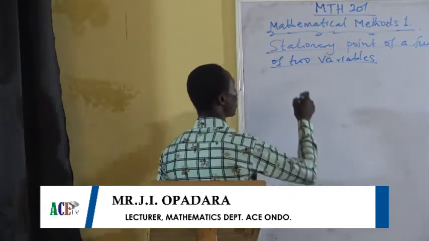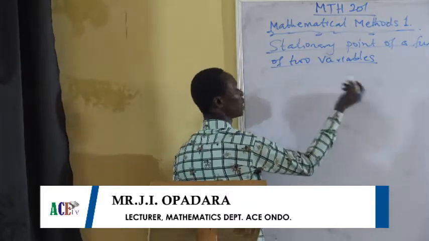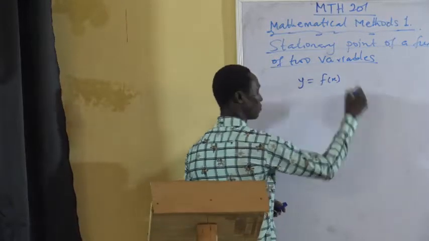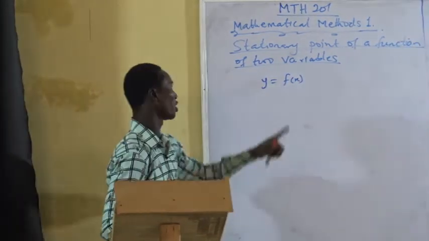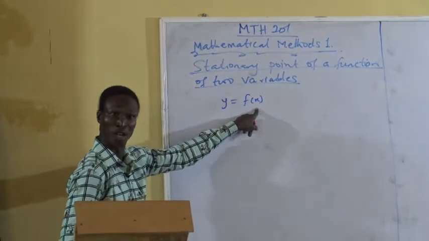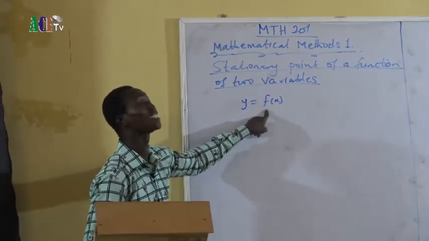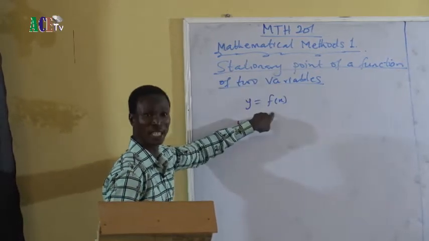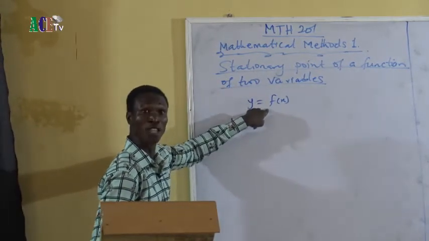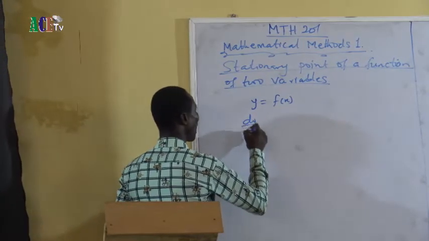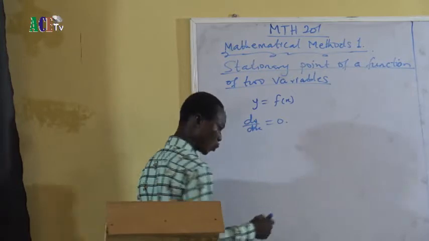Don't forget, if you have a function, let me say y is equal to f of x, this is a function of one independent variable. You will determine the stationary point. The stationary point of this function will be determined when you have dy/dx equal to 0.